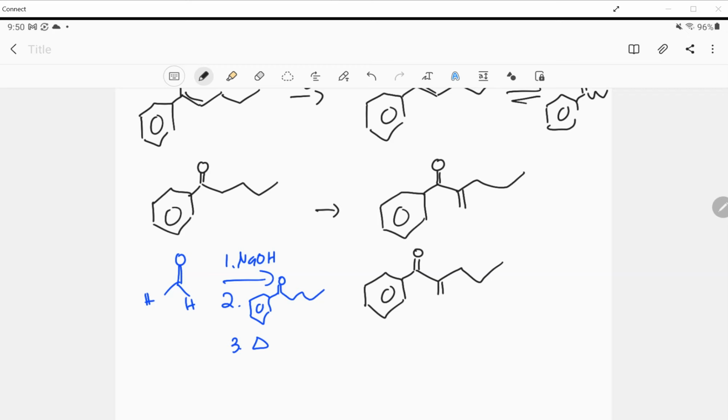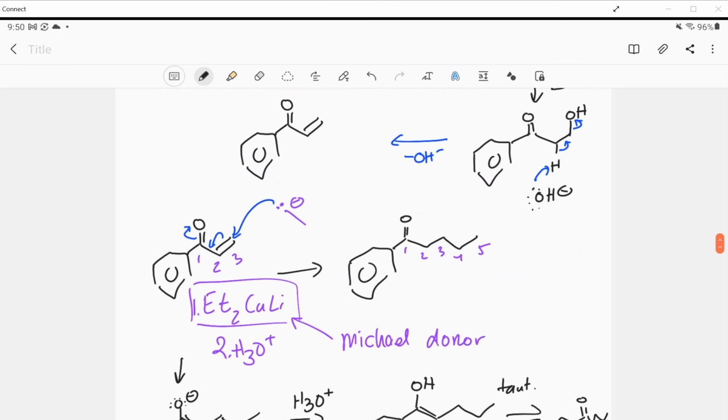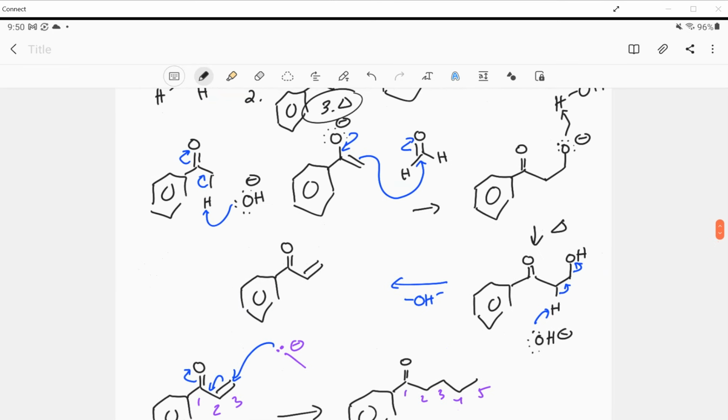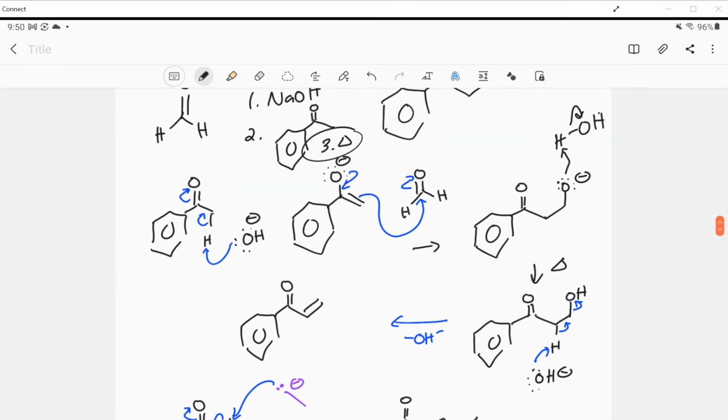All right, so again, the alpha proton for our ketone will attack the formaldehyde. It's really exactly the same as this one. We attack the formaldehyde, and we end up with our beta hydroxy species, which then we will eliminate using heat, giving us the condensation product.